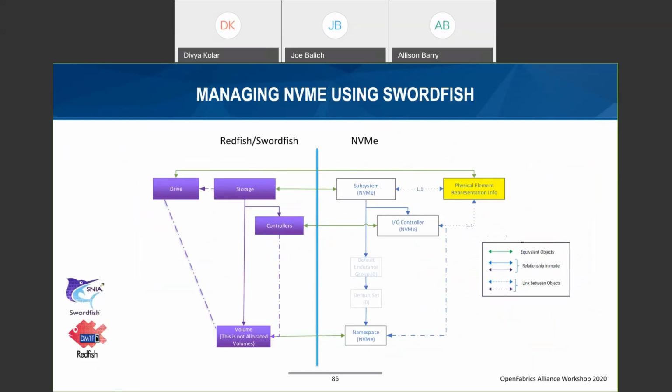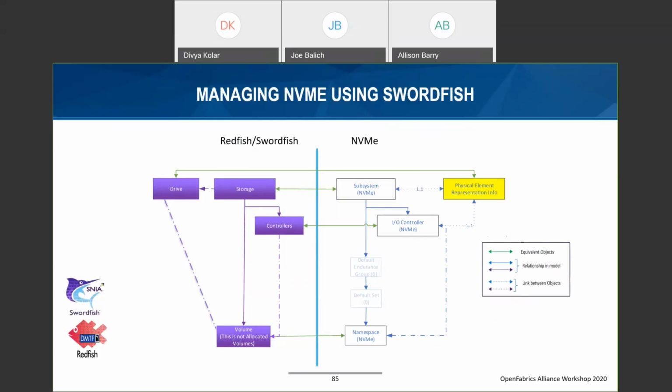It is the first time ever that DMTF Redfish, SNIA Swordfish, and NVMe have a connection, and they are coming out together to build this kind of a management model. The way to look at the diagram on this slide is that we have a mapping diagram between NVMe and Swordfish. To understand how NVMe and NVMe over fabrics resources are managed with Swordfish, we will use 3 steps.